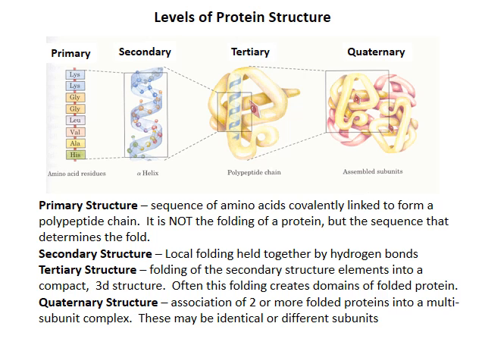The levels of protein structure can be defined as primary structure, which is shown here, just the sequence of amino acid residues. The secondary structure, which are local folding events that are held together by hydrogen bonds. We will be covering these two particular topics in this topic presentation.